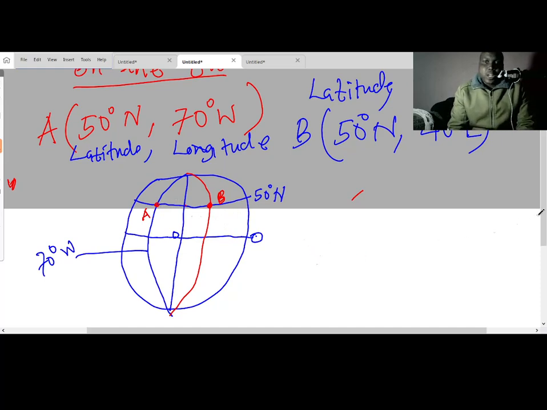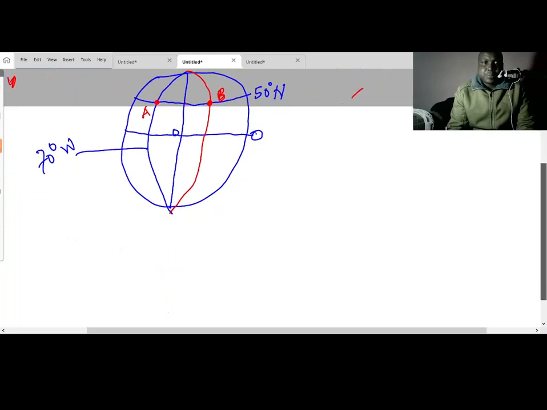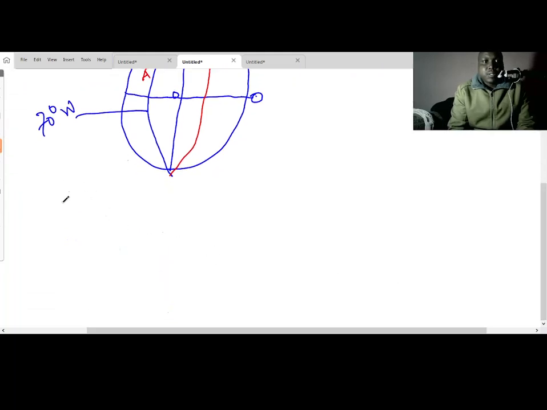I want to do another one. P, which is 50 degrees north, 70 degrees east.